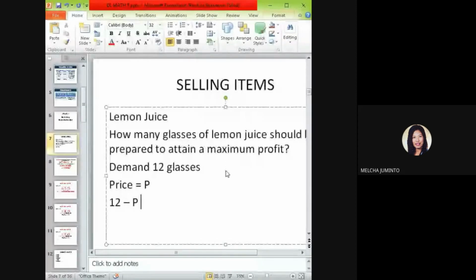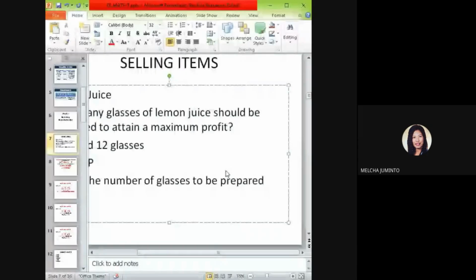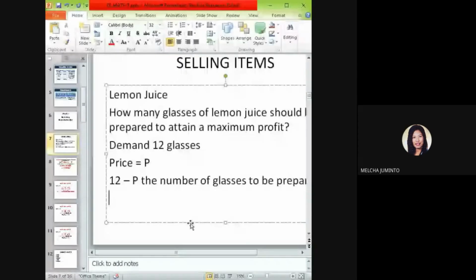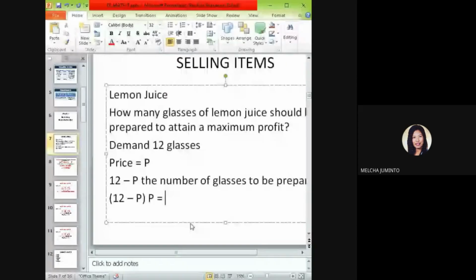And then, ito yung number of glasses to be prepared. And we all know that the number of glasses multiplied with the price, we will get the revenue. So we will have the equation, the quantity 12 minus P times P, ito yung price niya, equals the revenue.